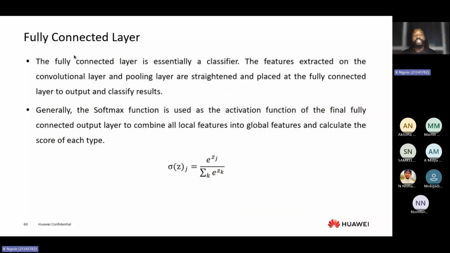So a fully connected layer is essentially a classifier. So this is going to classify and tell us what category we are getting from whatever category we wanted.